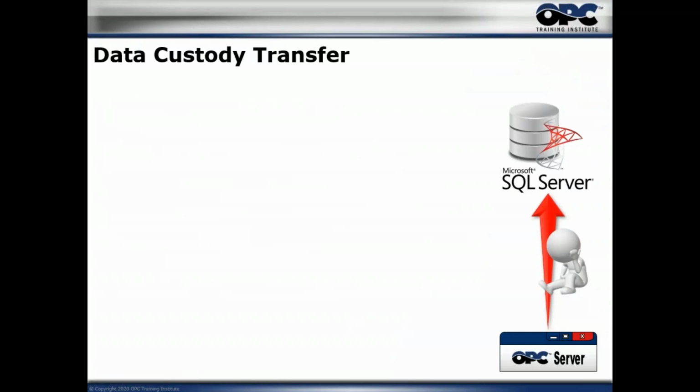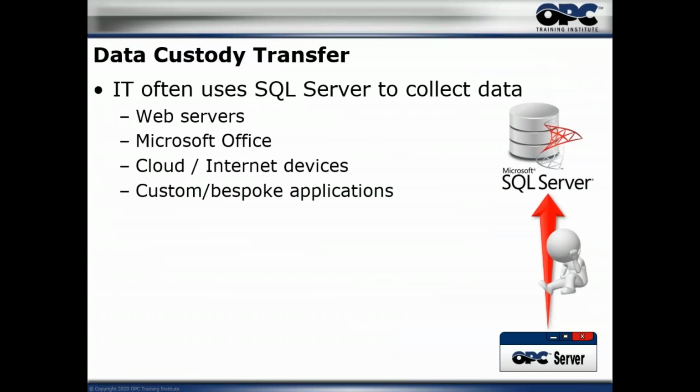Okay, so data transfer, data custody transfer. It turns out that IT often uses Microsoft's SQL Server to store data. They're using it to get data to their web servers, to Microsoft Office applications, to their custom applications, to send information to the internet. They're using SQL Server a lot. So that's up here, and this is where IT is.